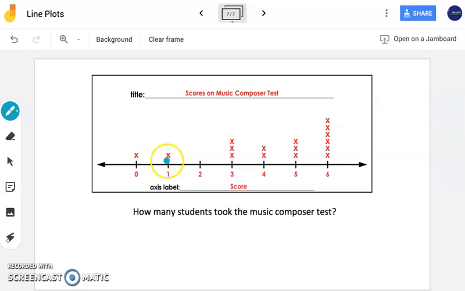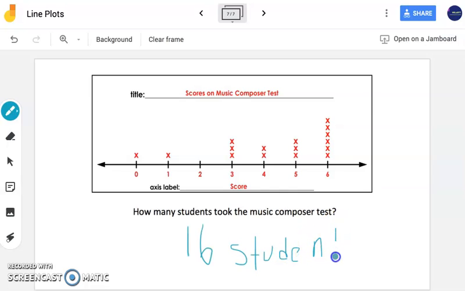So we have 1, 2, 3, 4, 5, 6, 7, 8, 9, 10, 11, 12, 13, 14, 15, 16. So again, we have 16 students who took the music composer test.